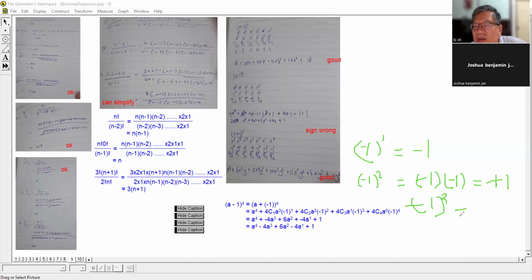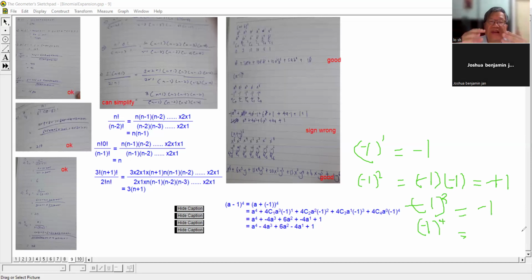Let's say -1 raised to the power of 3. What will the answer be? -1. If -1 raised to the power of 4, what will the answer be? Positive 1.